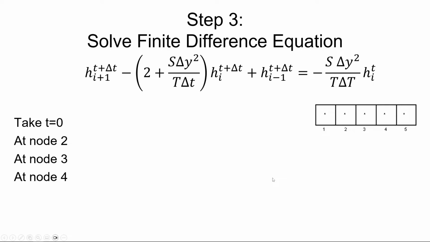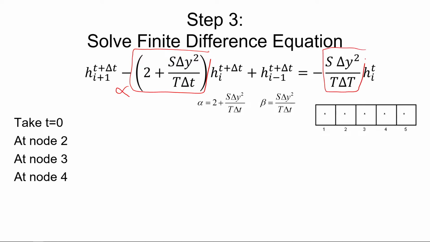Now this equation looks a little bit complicated, but I can simplify it, because I can just take all this guy here and call him alpha, and I can take all this guy here and call him beta. If I call this guy alpha and this guy beta, then my equation simplifies to something like this.